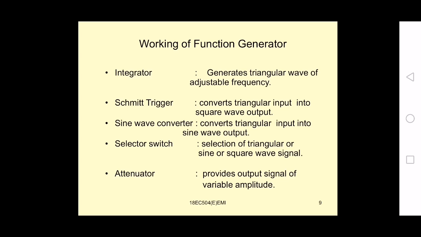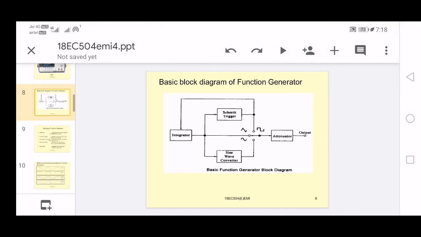So if 3 marks are asked, you have to draw this diagram. The block diagram of function generator consists of integrator, Schmitt trigger, sine wave converter, and all these are connected to an attenuator, and you are getting the output.